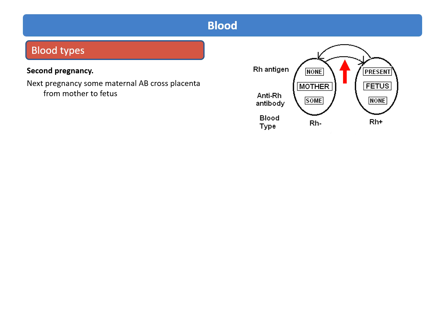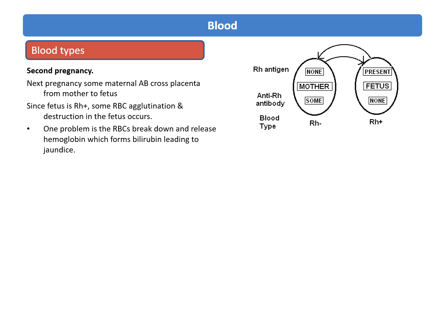The next time the mother becomes pregnant, some maternal antibodies will cross the placenta, from the mother to the fetus. Since the fetus is Rh positive, some red blood cell agglutination and destruction in the fetus will occur. One problem is the red blood cells break down and release hemoglobin, which forms bilirubin, leading to jaundice.